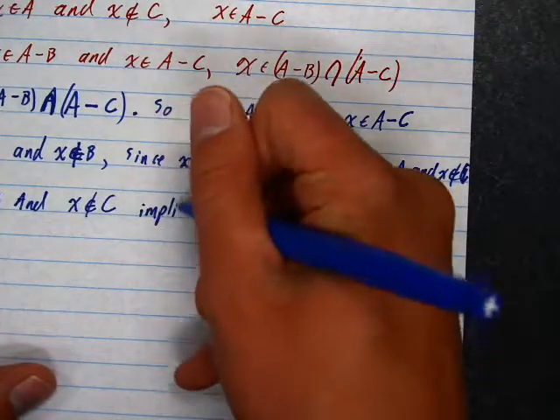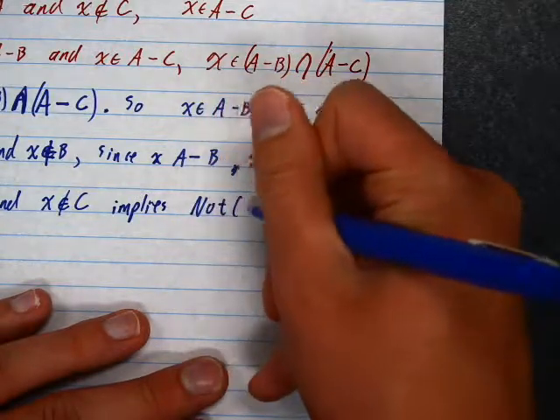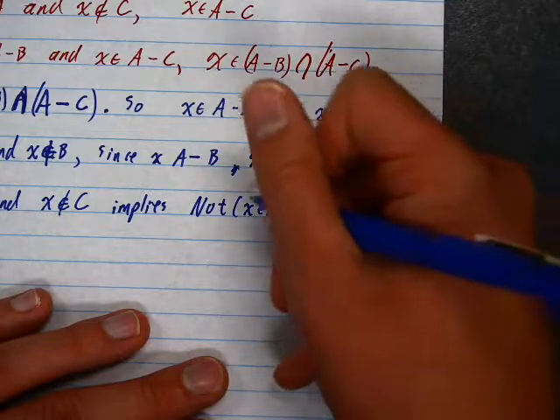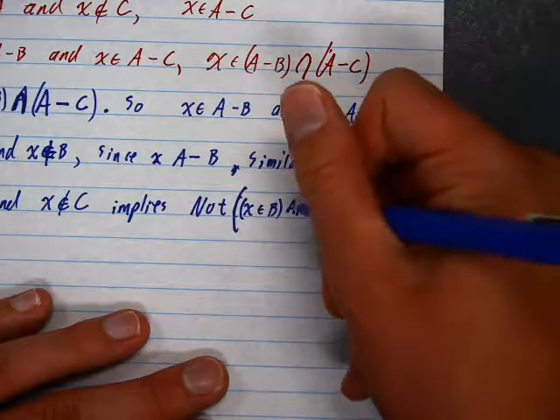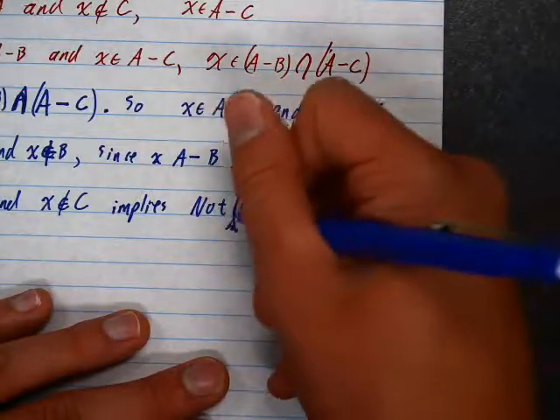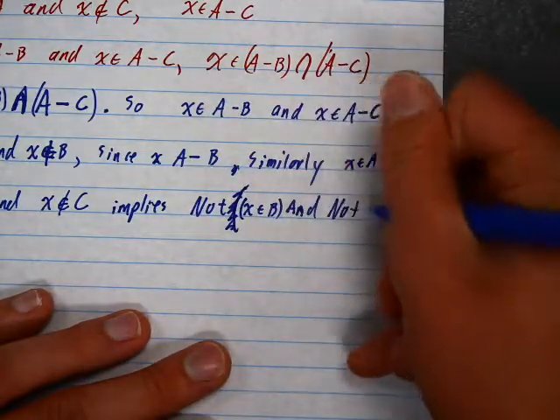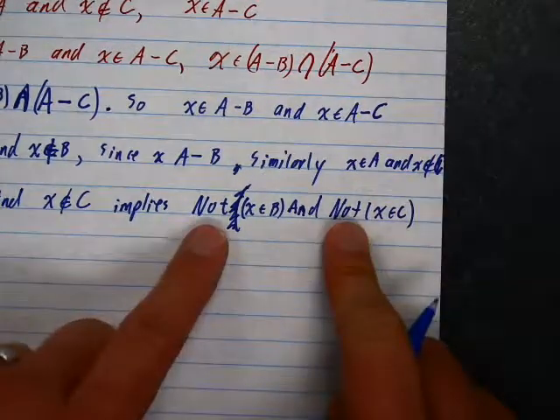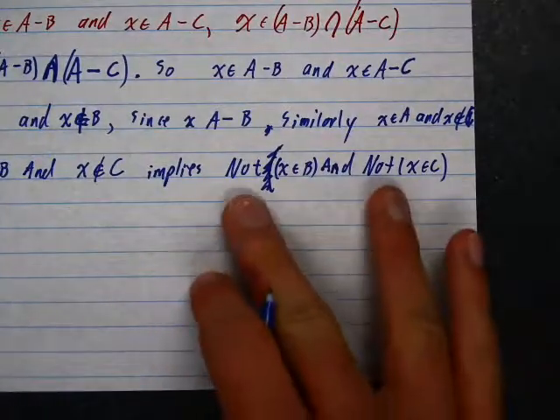implies, so I'm going to do some logical calculus here. Not x is in B, and not x is in C. So I'm negating two statements. There's an and between them. So I know what that does logically.